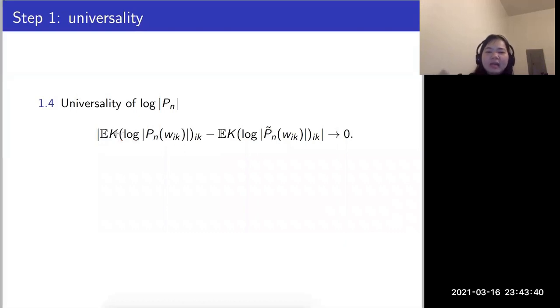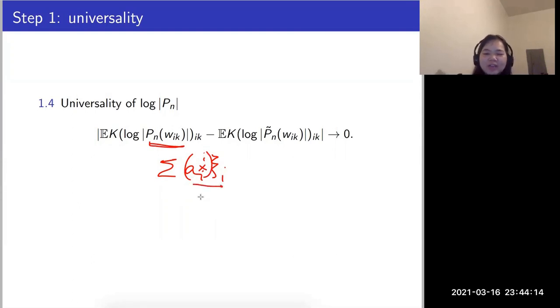Now that we have reduced to the log function, the next step is to prove that a statistic like this is universal, and that can be done by an argument similar to the classical Central Limit Theorem. If we think about P_n as just a sum of a_i c_i x to the i, it is just a combination of independent random variables.